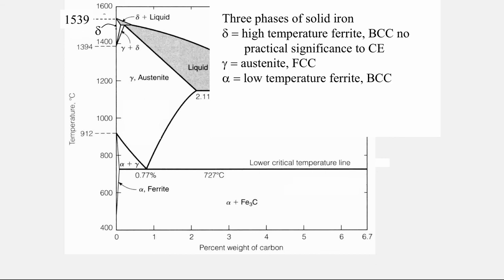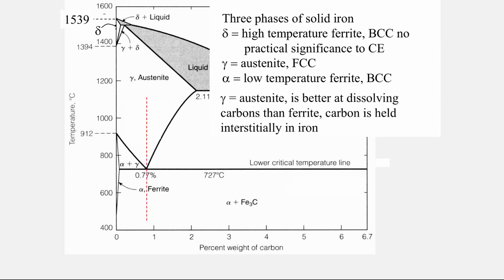Now you might say, well, austenite also really shouldn't be of practical significance in civil engineering because it's at 727 degrees Celsius, which is not a day-to-day temperature. The thing is that the austenite is really good at dissolving carbon, much better than ferrite.